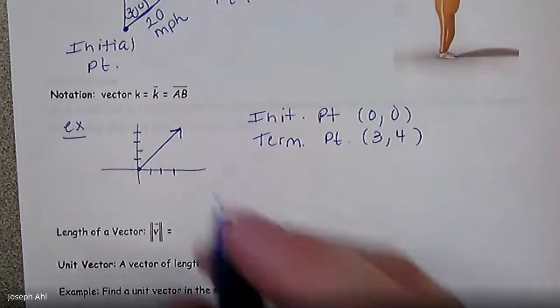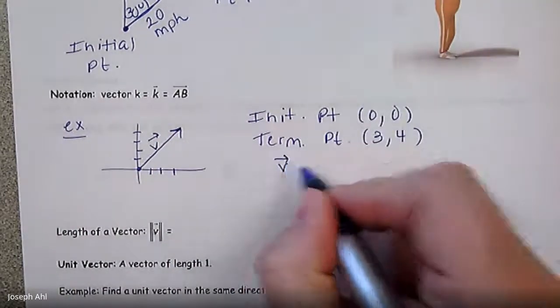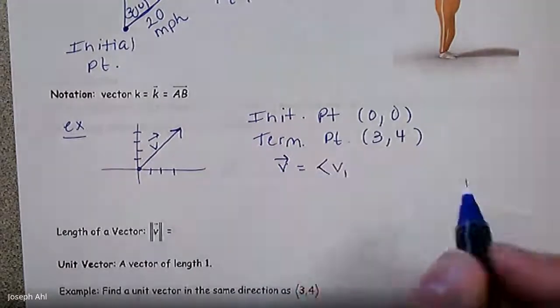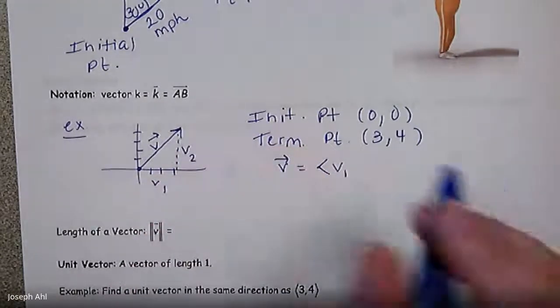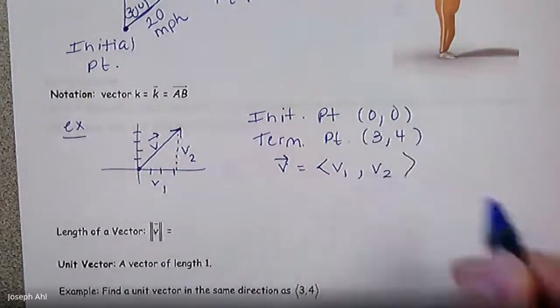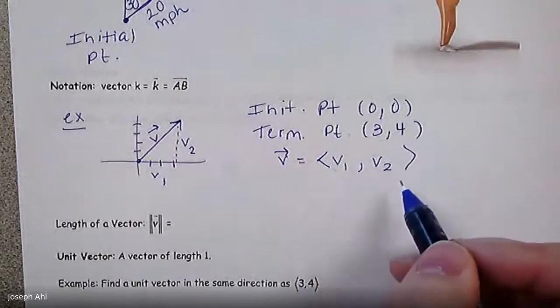And the way we can represent that vector V is in terms of its horizontal and vertical components. So in general, the horizontal component would be represented by V1 right here. And then the vertical component would be represented by V2. A common notation for vectors is these triangular brackets here.